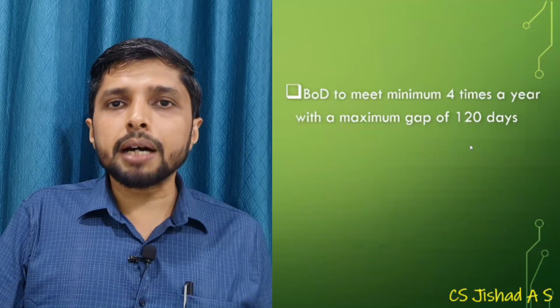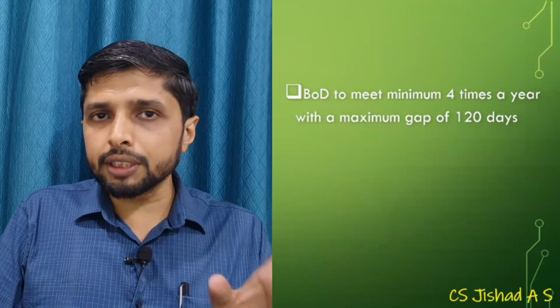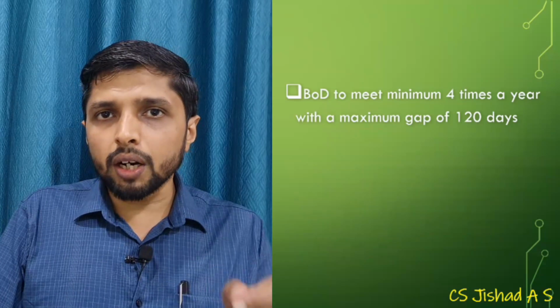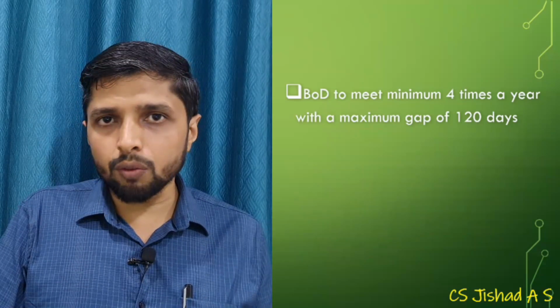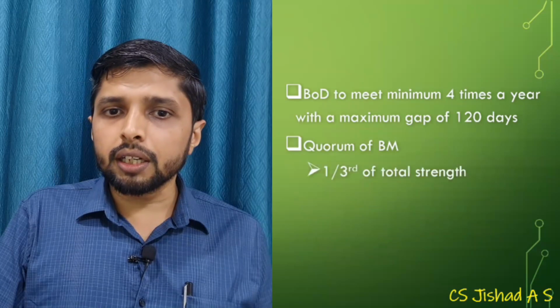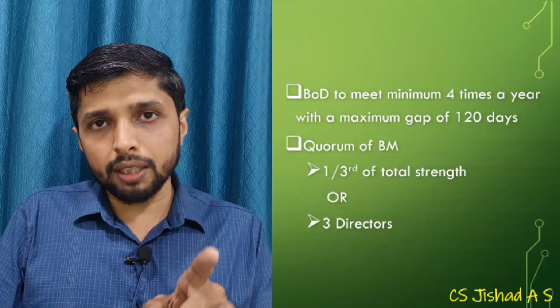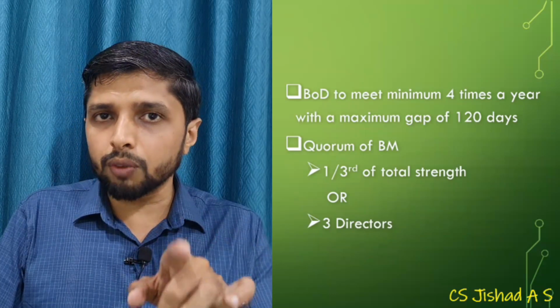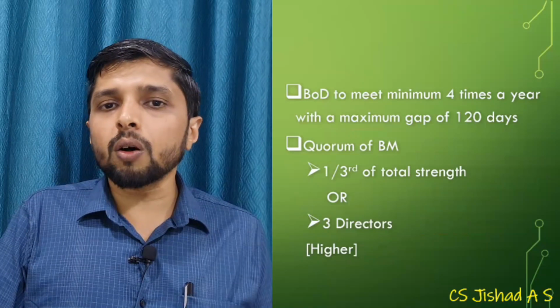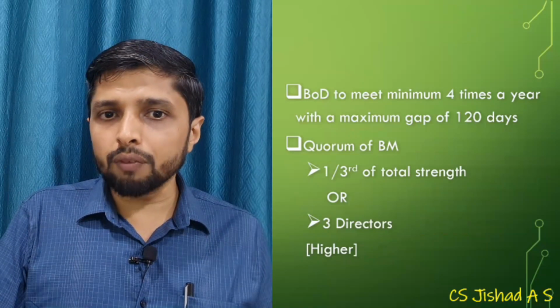Okay, then the board is to meet minimum 4 times a year with a maximum gap of 120 days, which we have already discussed in 173 subsection 1, number of board meetings. Then quorum will be 1/3 of total strength or 3 directors. In 174 we discussed that quorum is 1/3 or 2, whichever is higher. Now it is 1/3 or 3 directors, whichever is higher for these kinds of listed companies.